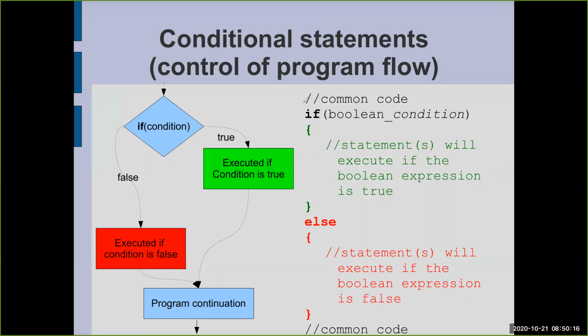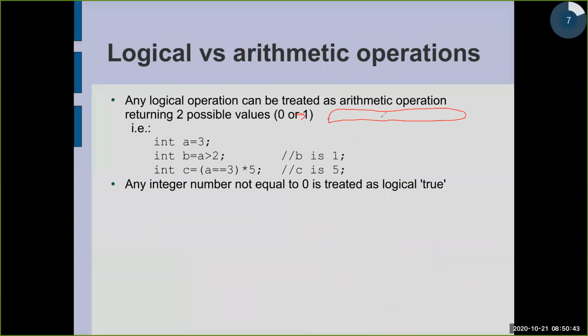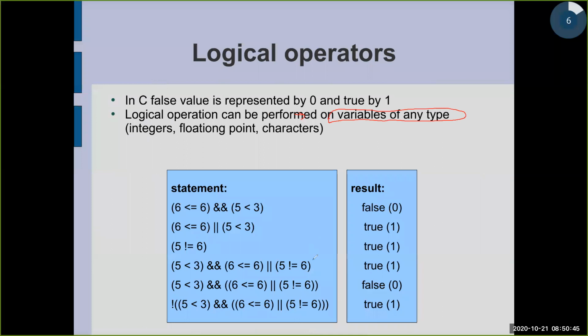Look, using the if statement, here we have code in C++ and C, so it's the same for both of them. Here we have a condition. Of course, it is not strictly defined; the condition looks like this.